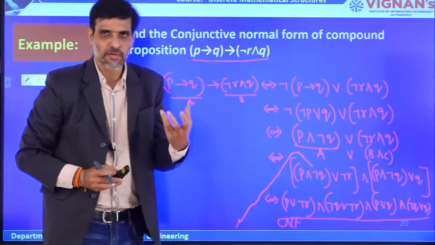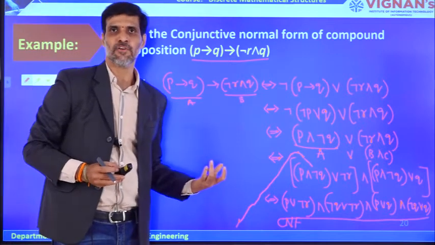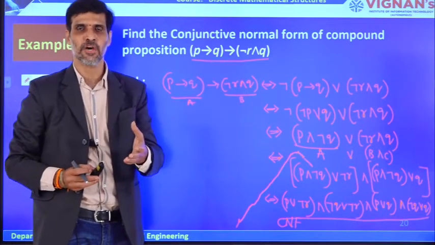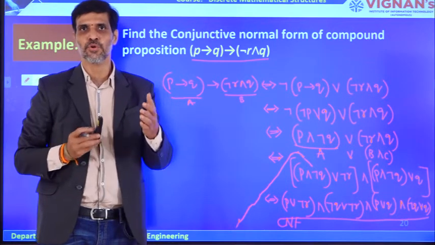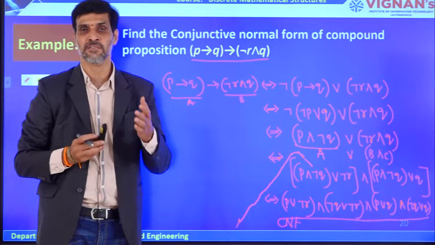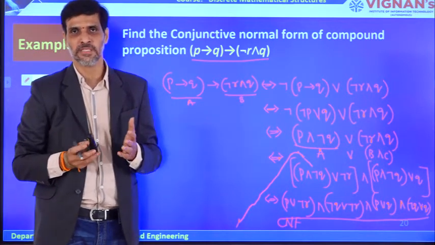To convert the given formula into either a conjunctive normal form or a disjunctive normal form using the logical equivalence laws, you should know the logical equivalence laws very well. Basic logical equivalence laws, what are they?